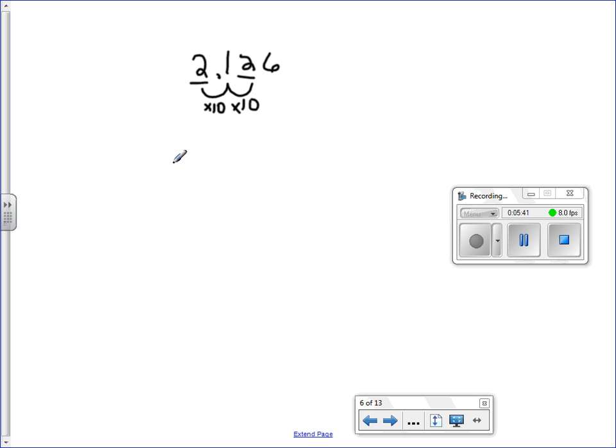So the 2 in the thousands place is 100 times greater than the 2 in the tens.